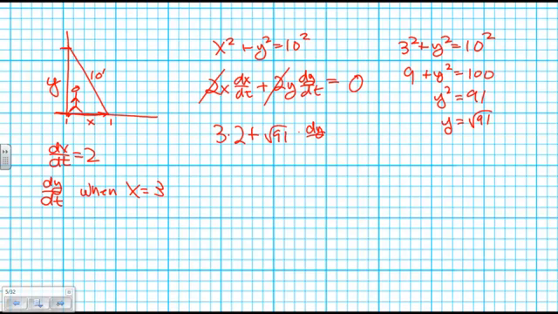And there we go, we can solve for dy/dt from there.